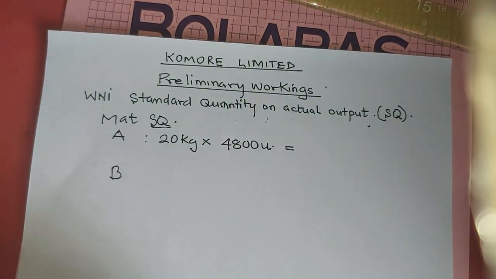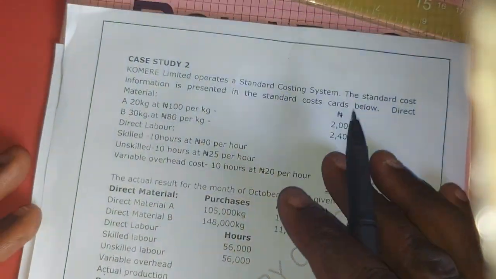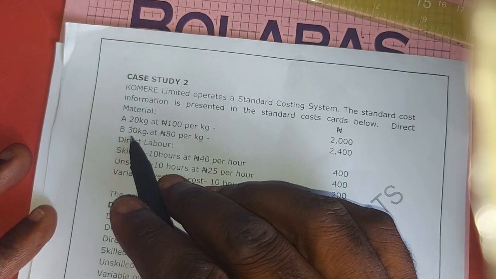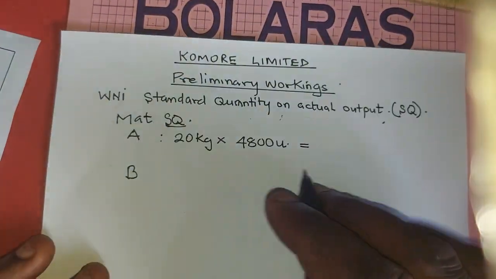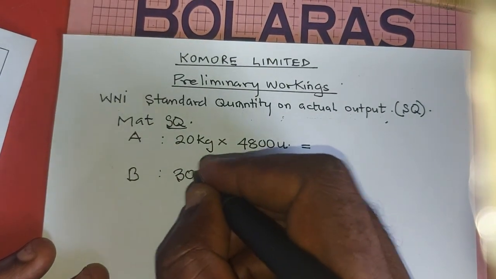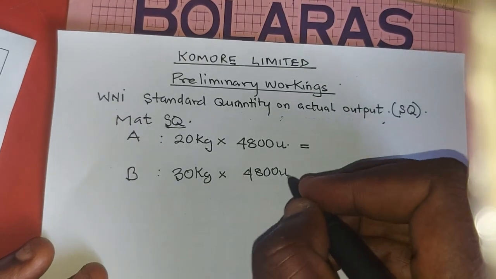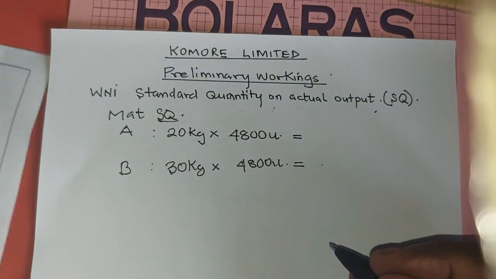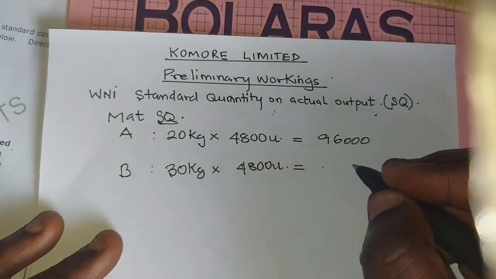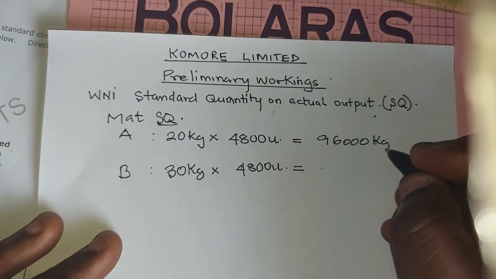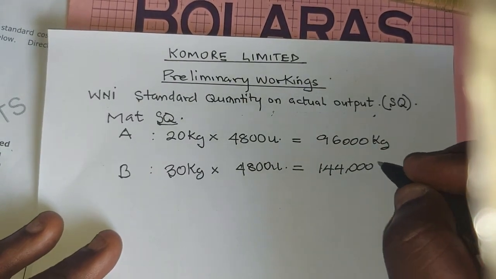Then for material B, in this case we are having 2 material components, material B is 30 kilograms on actual output. So we have 30 kilograms multiplied by 4,800 units. From our calculator this will give you 96,000 kilograms and 144,000 kilograms.